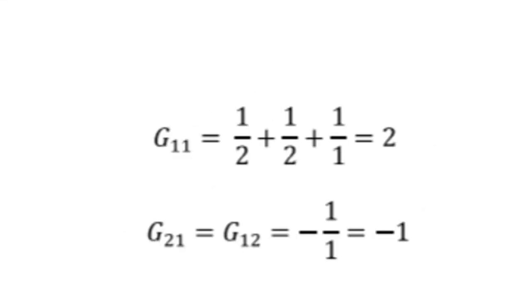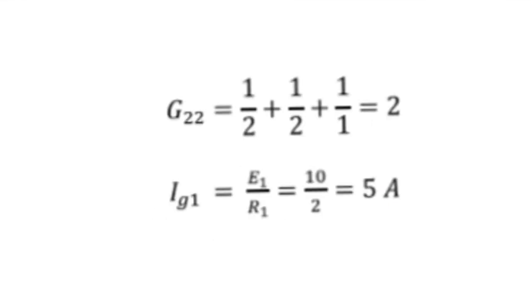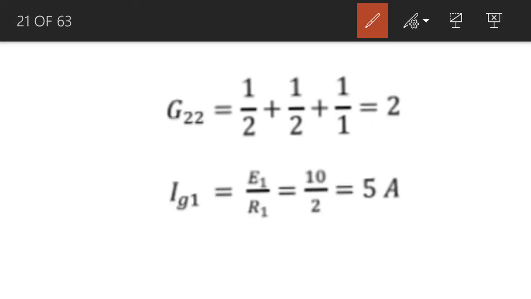So we have calculated G11, which is 2 mho. We have calculated G12, which is always equal to G21, that is minus 1. And we have calculated G22, and you see G22 is also equal to 2 mho.